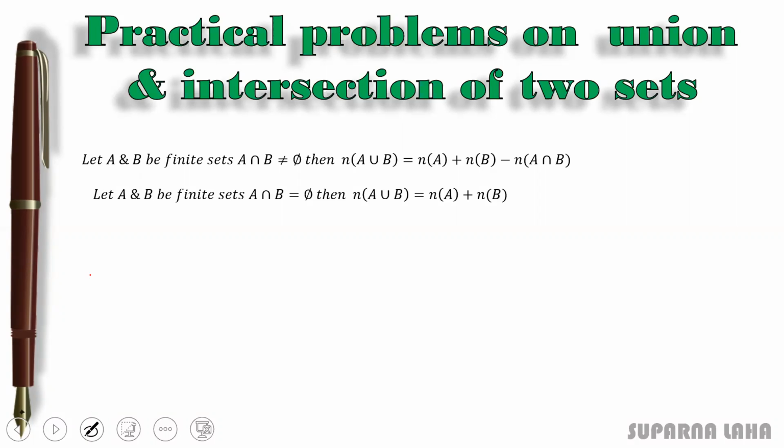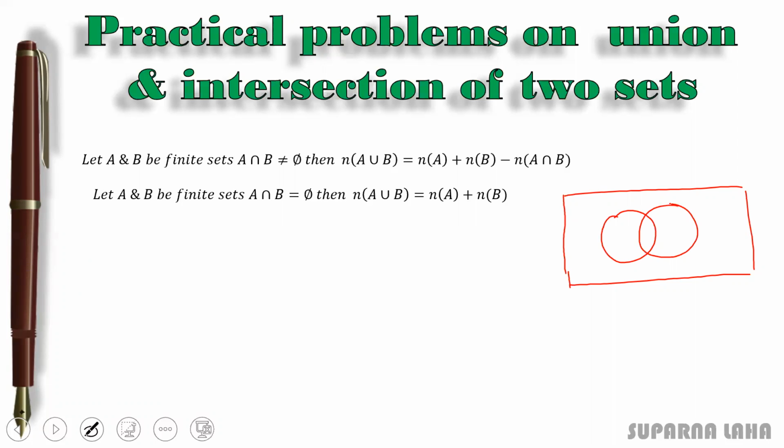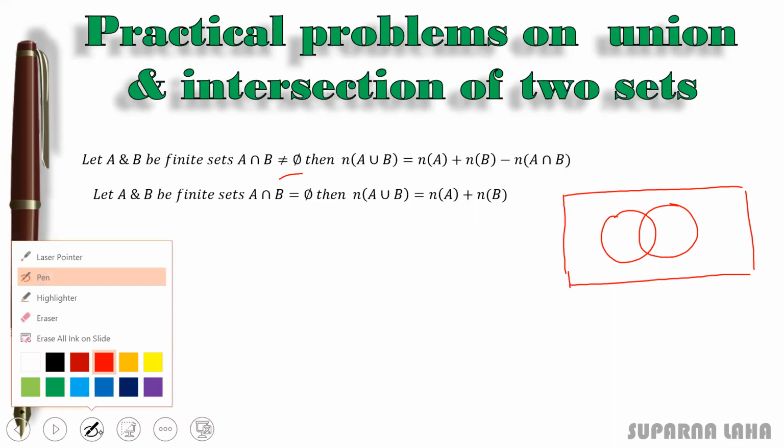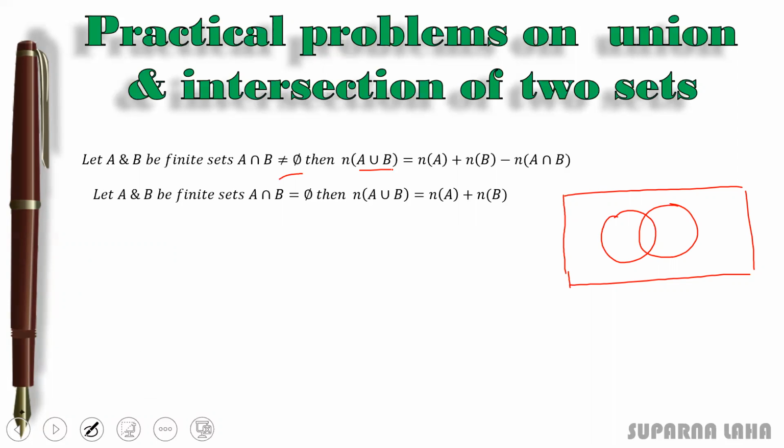So let's check this out by this Venn diagram. This is the universal set, and let us take these two sets A and B. A intersection B is not equal to phi, so that means in some portion we get some elements in this intersection. So what is A union B?